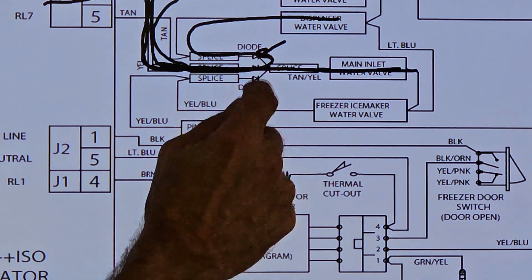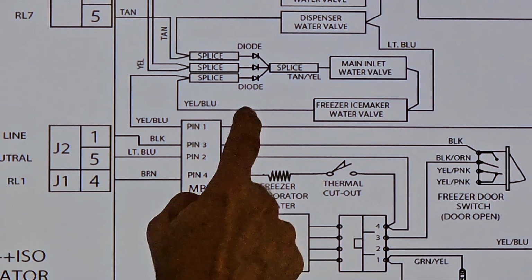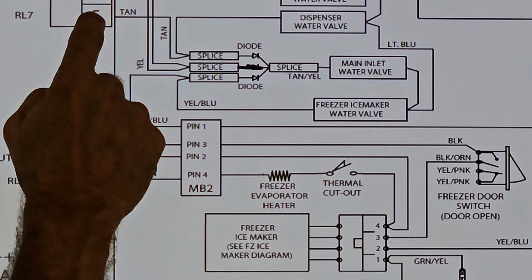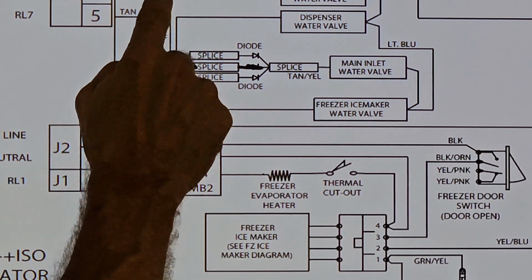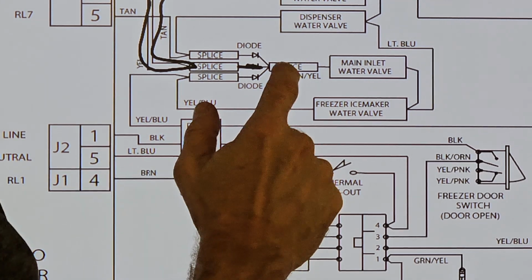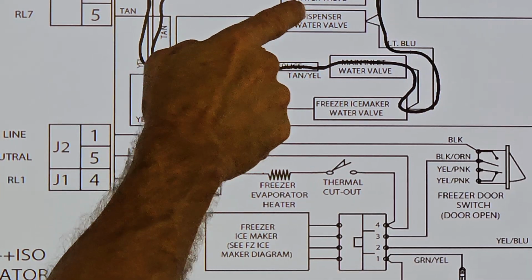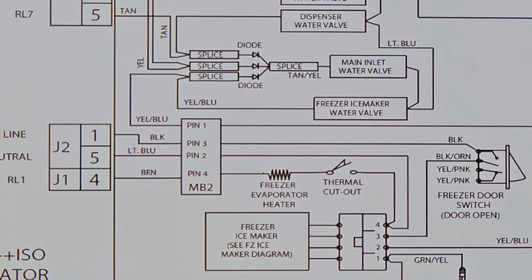What if the one for the ice maker shorts out? So then I come in here, I feed my main inlet, and I'm sorry, I didn't want to do that. I want to do the water in the door.